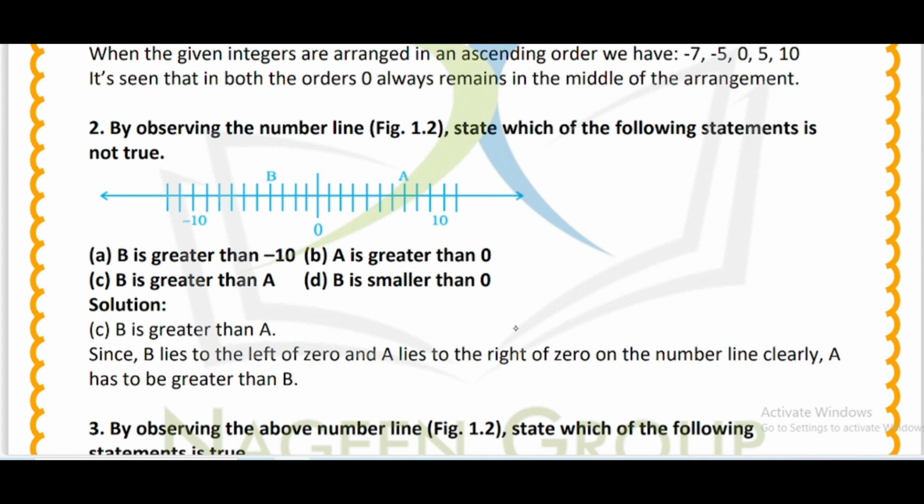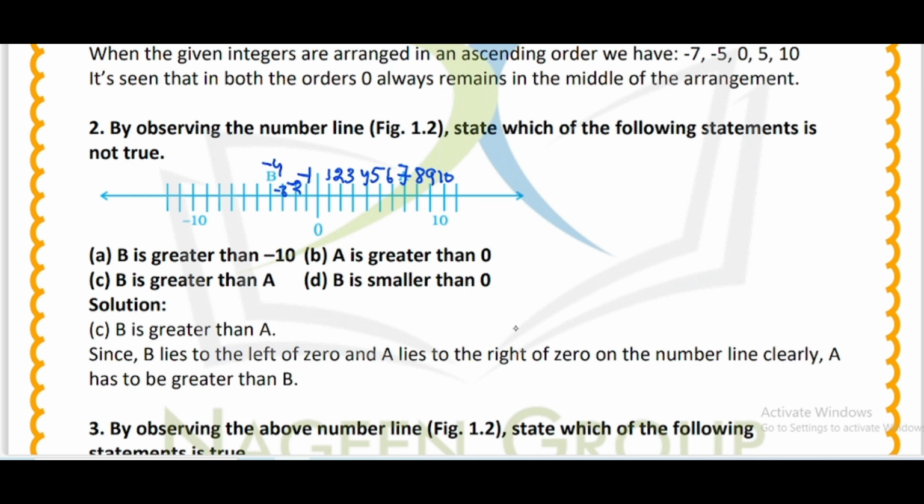When we move left of the 0, it shows negative integers, that is -1, -2, -3, -4. Same as when we move right of the 0, it shows positive integers, that is 1, 2, 3, 4, 5, 6, 7, 8, 9 and 10.